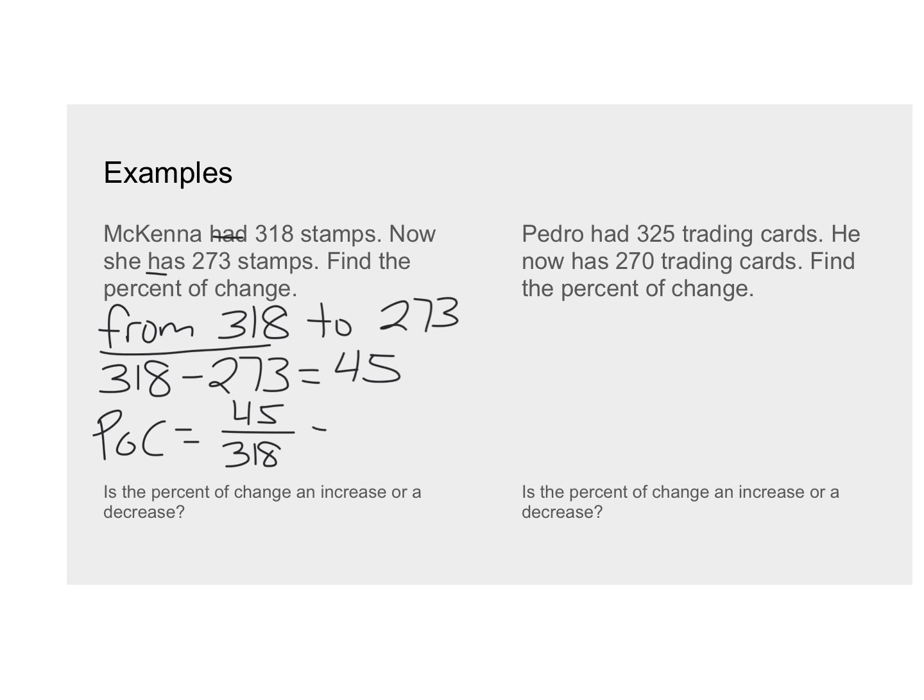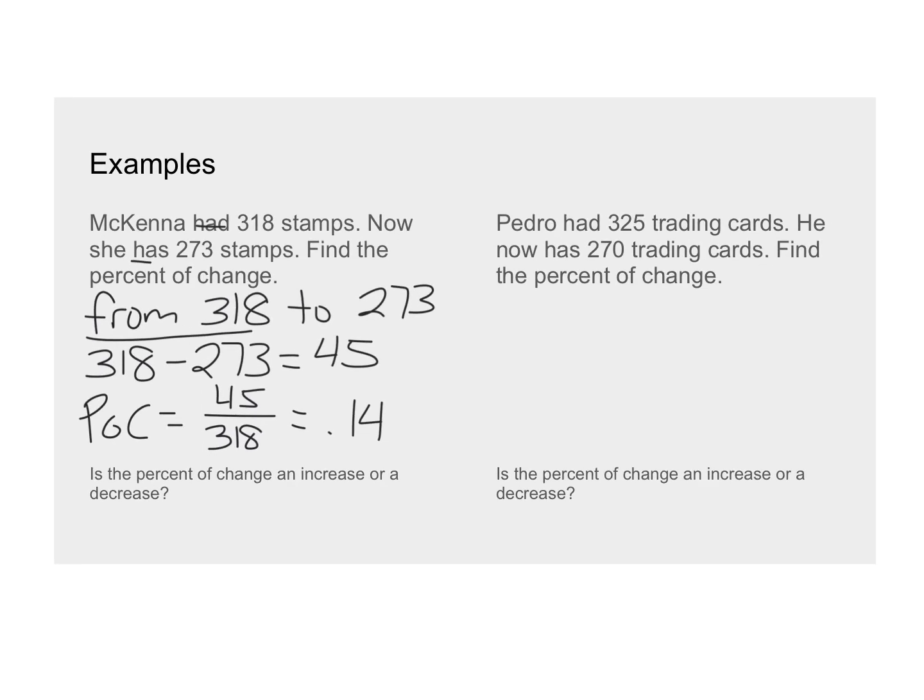When you divide those, what do you get? 0.14. And then that's not a percentage. How do we turn it into a percentage? Multiply by 100, right? So we get 14%. What do we not want to forget to say? We want to know if the change was an increase or a decrease. What was this one? Decrease, because we're going from 318 to 273.